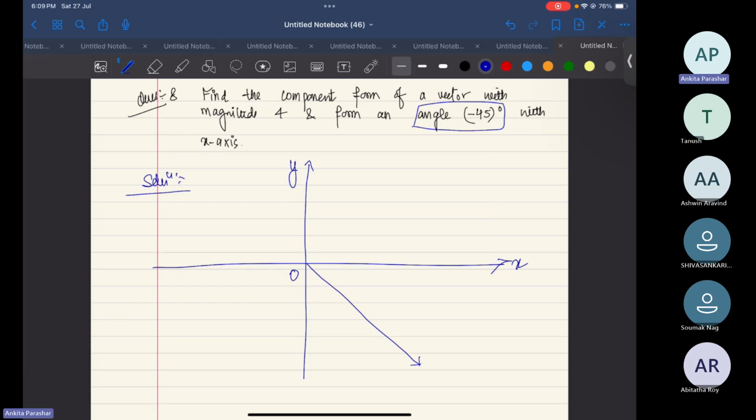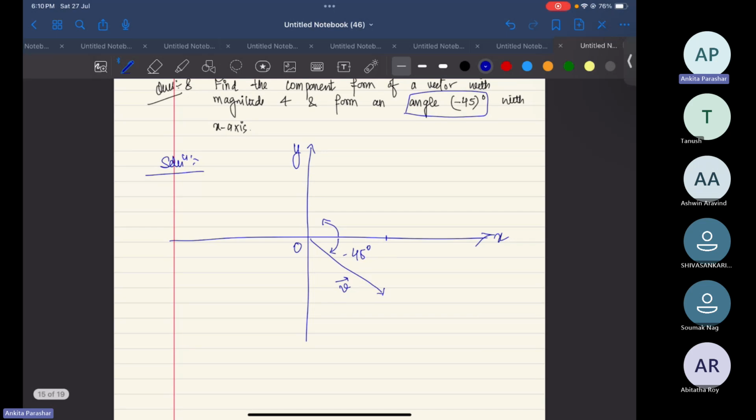So if this is my plus 45 degrees, then this is my minus 45 degrees. And of course we have to make it with the x-axis. This is what is given to us, and the magnitude we have to go till is 4 only. I can't draw it perfectly here, but suppose this is my magnitude 4 vector.